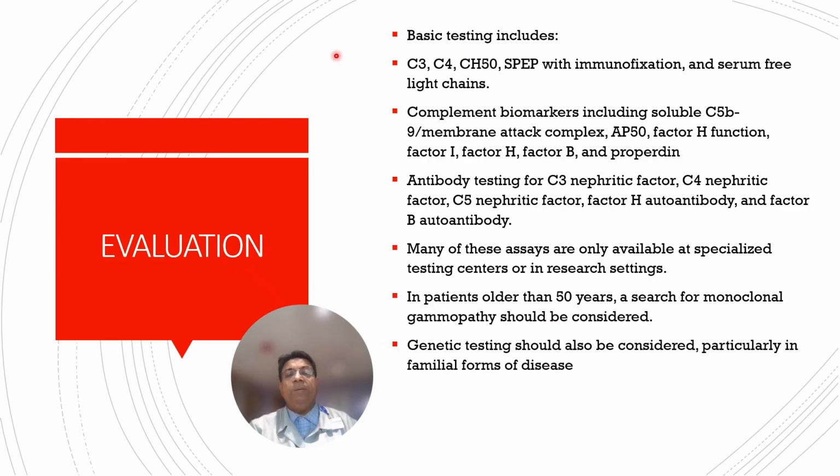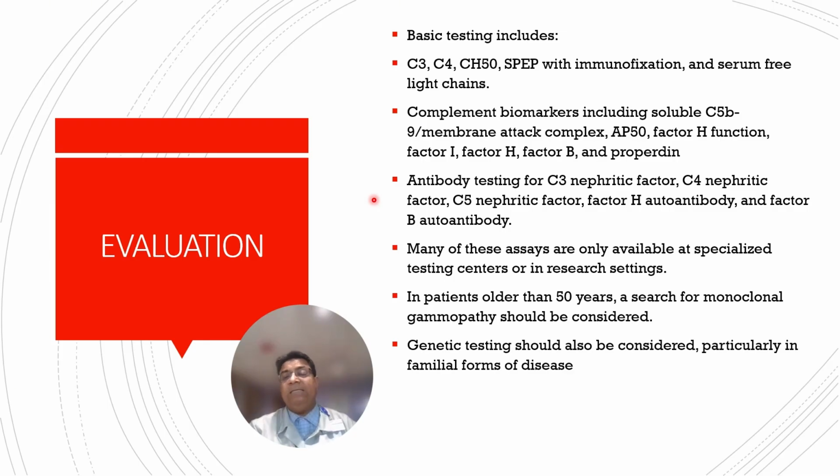In a patient with C3 glomerulopathy, one should test complements, SPEP with immunofixation, and serum free light chains. Some complement biomarkers may be available at your institution. Generally, you should do antibody testing for C3 nephritic factor, C4 nephritic factor, C5 nephritic factor, factor H autoantibody, and factor B autoantibody.